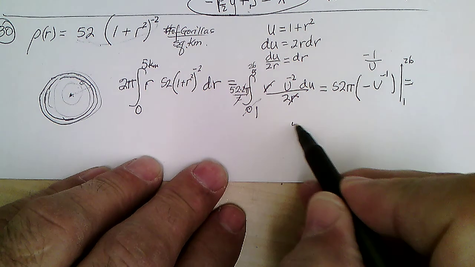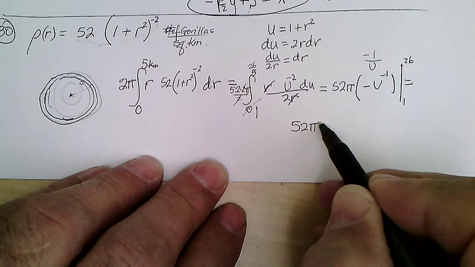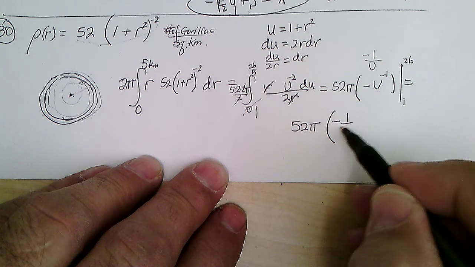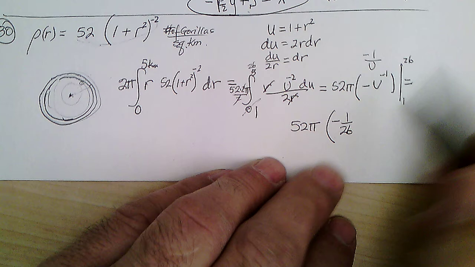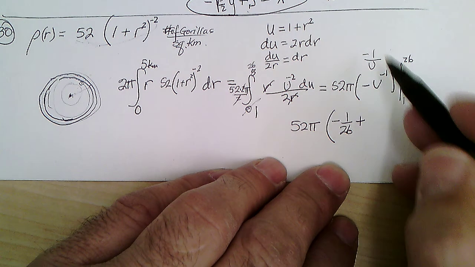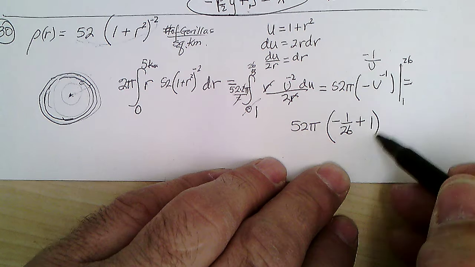So I'm going to have 52 pi times negative 1 over 26 minus a minus, which is plus 1 over 1, which is 1.